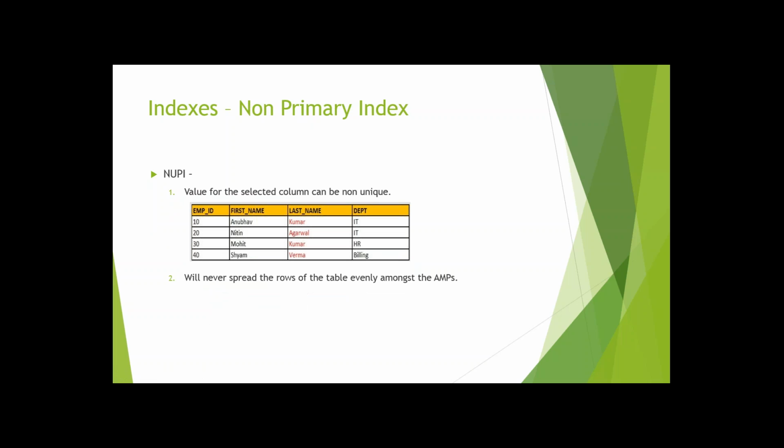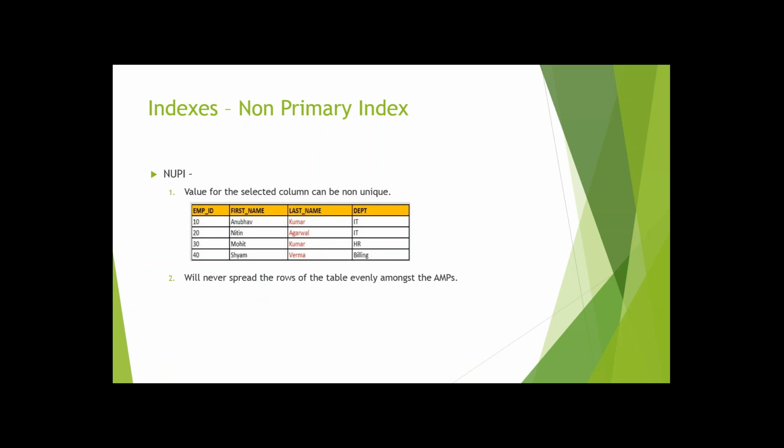If it is an NUPI, non-unique primary index, for example, in the same example, you can have last name as NUPI. It is non-unique because you see Kumar appears twice. So if you have NUPI defined in your table, your data is never going to be evenly spread across the AMPs.